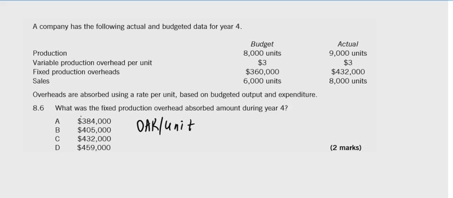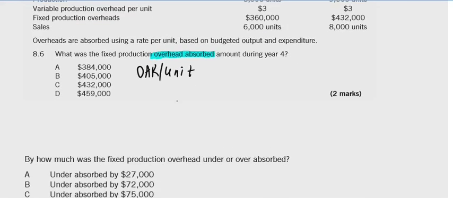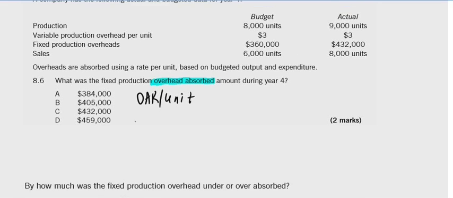What was the fixed production overhead absorbed amount during year 4? The requirement is to find overhead absorbed for this period. In order to do that, firstly we have to find the overhead absorption rate. We have two questions here with the same data. So firstly, let's find the overhead absorption rate.